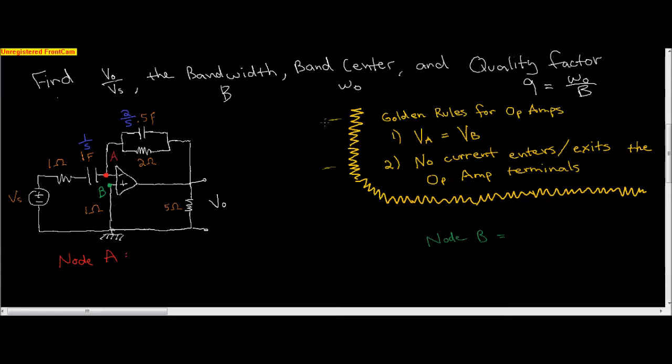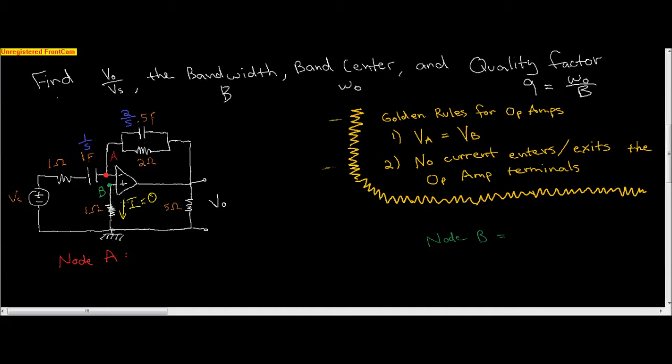But let's take a look at this first. Op amps. So the golden rules for op amps: VA equals VB. Okay, so this voltage A, the red, equals the voltage at the B, always. Second rule of op amps: no current enters or exits the op amp terminals. So that means that the current going through this resistor, I, equals 0, because we said no current enters or exits this terminal. The only thing connected to this is this one wire, this one branch.